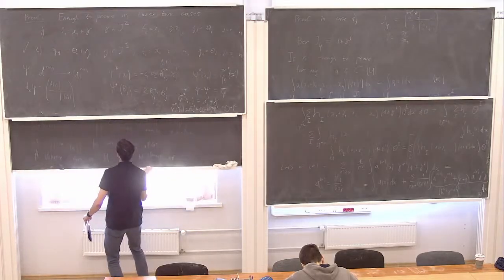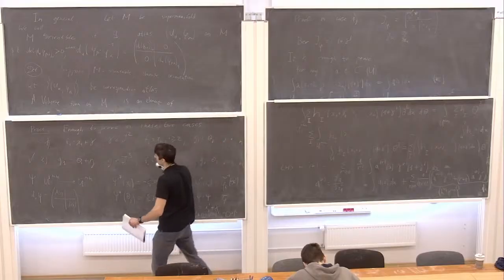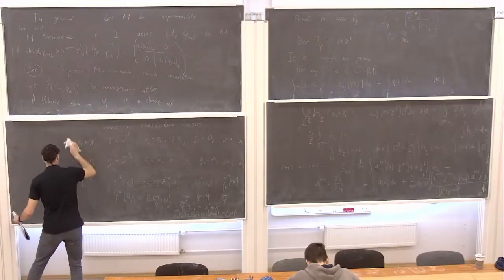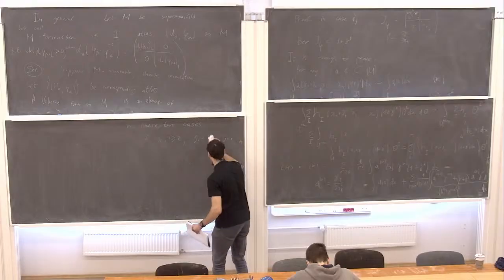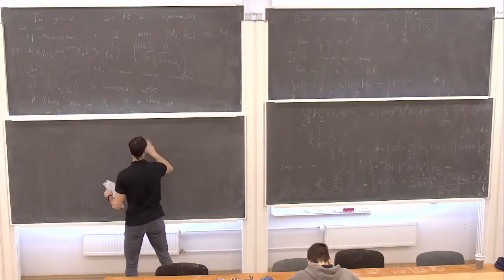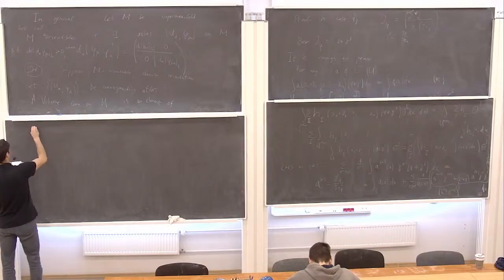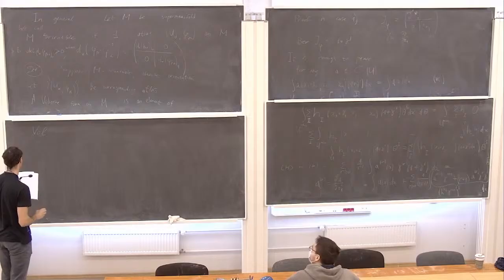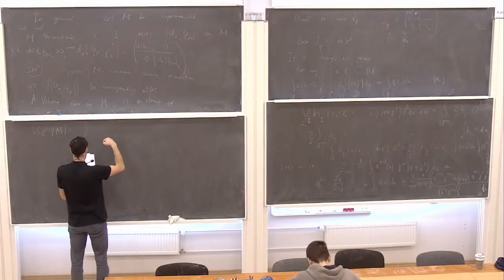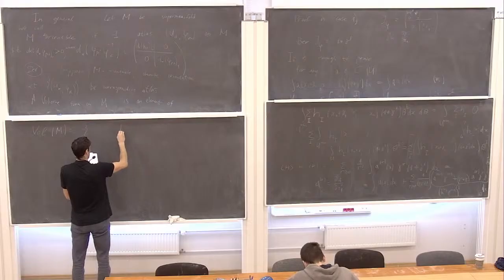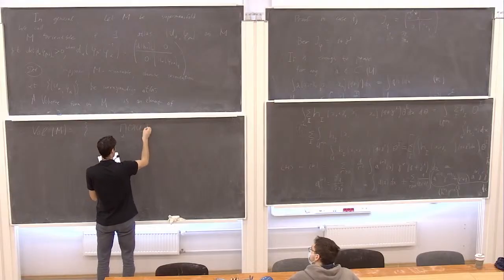Okay, let me go to the other board. Let me denote vol M, and this is a subset in the direct product over alpha of the corresponding sections.